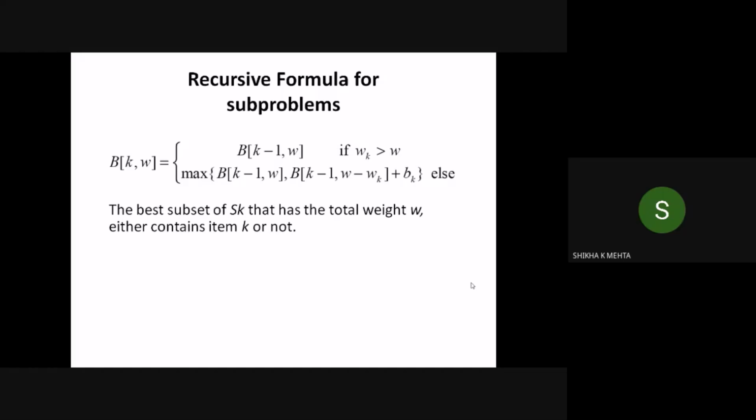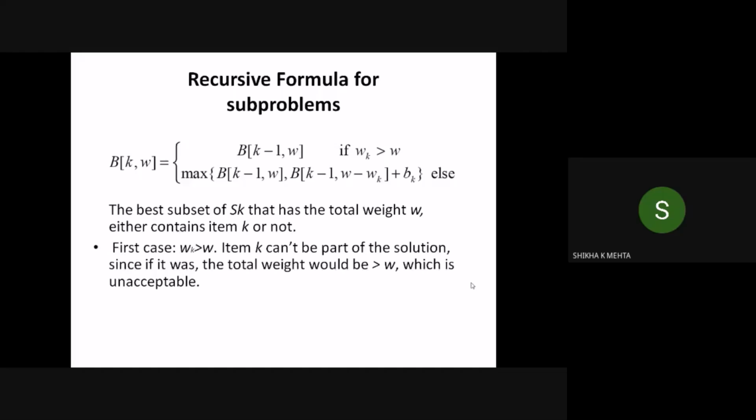So the best subset of Sk that has total weight w either contains item k or does not contain that item. In the first case, if wk is greater than w, item k can't be a part of the solution, since if it was, the total weight would be greater than w. Let us say the capacity of the knapsack is 2 and the weight is 3.